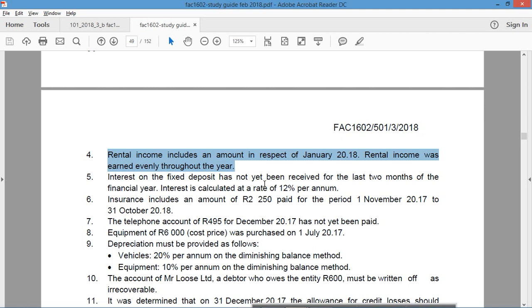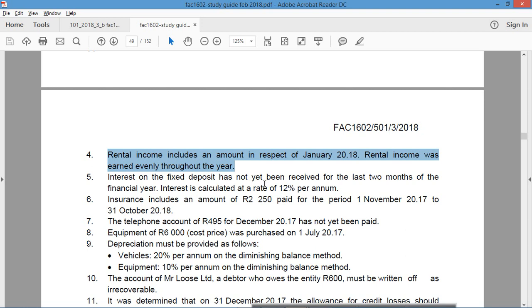So income received in advance is what kind of account? Think about it. If you get income in advance, what are you going to view it as?